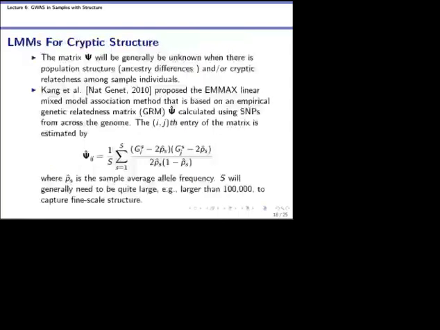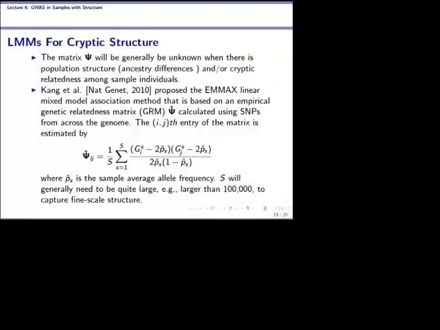So this matrix, as I mentioned, is the exact same matrix that's typically used with PCA, except that we don't just take the top 2 principal components, we use the entire matrix, we use all of the data. Instead of just including the top 2, 3 or 4 principal components, we use all the data and we don't decompose the matrix. Kang and colleagues proposed the EMMAX linear mixed model method, and it's the same matrix.